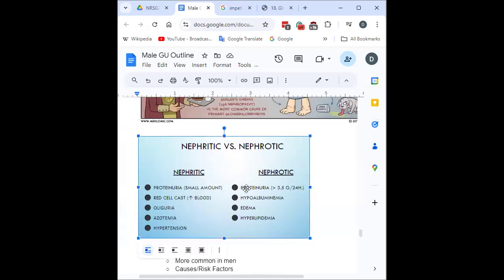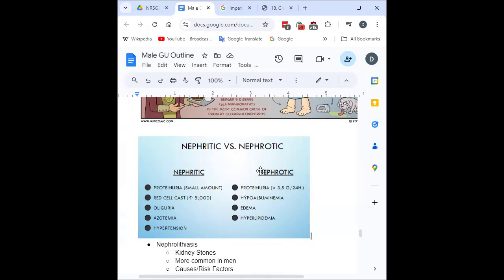Here is a slide from your PowerPoint that I think is really important, directly showing you the differences. So small amount of proteinuria versus big amount of proteinuria. Red blood cells, like the hematuria on the Friedrich, versus no blood loss. Have edema in both, but edema is more pronounced in your nephrotic, like we mentioned.